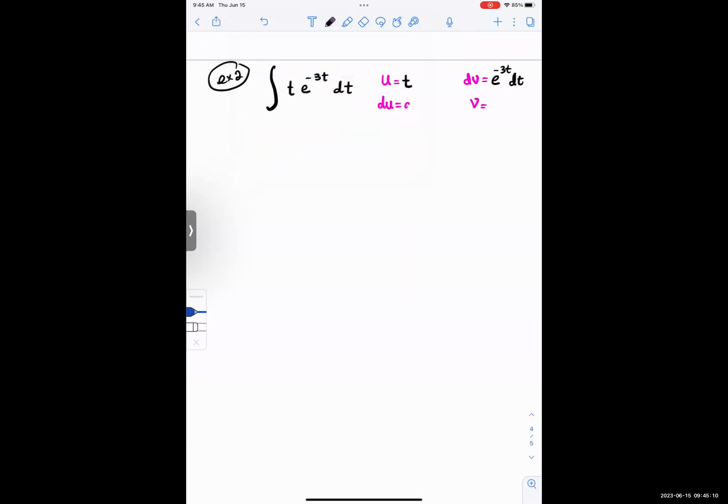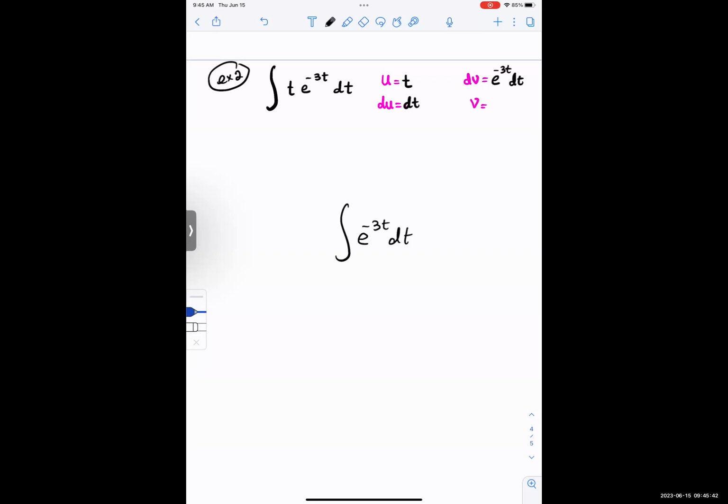And then from dv to v, it's the integral of e to the negative 3t dt, because in order to find v, I need to say, oh, what was that thing whose derivative is this? So you need to take the integral in your head. Either you know it well, or you just need to do it separately. I'm going to show you how the work goes.